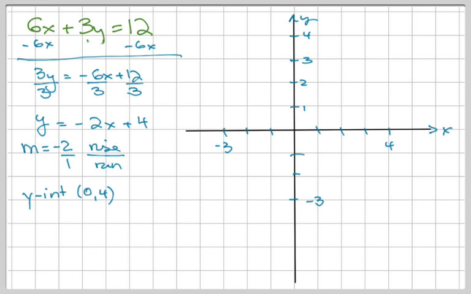Okay, so we're plotting our point, which is 0, 4. That is right up here. Now what do I do? Go down 2 and to the right 1. And that would be my second point.